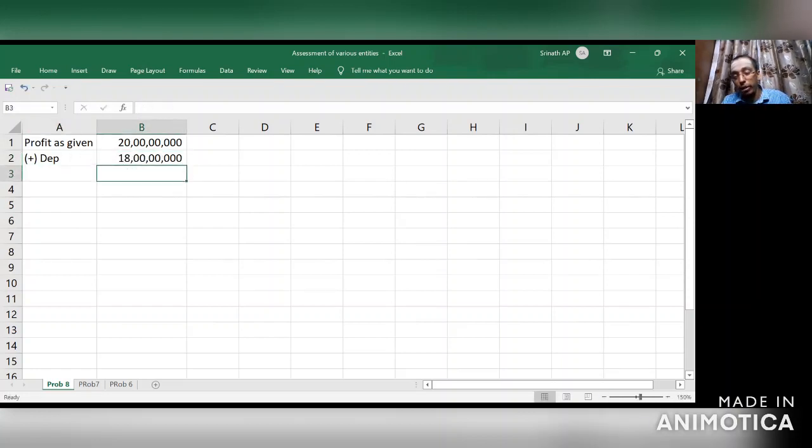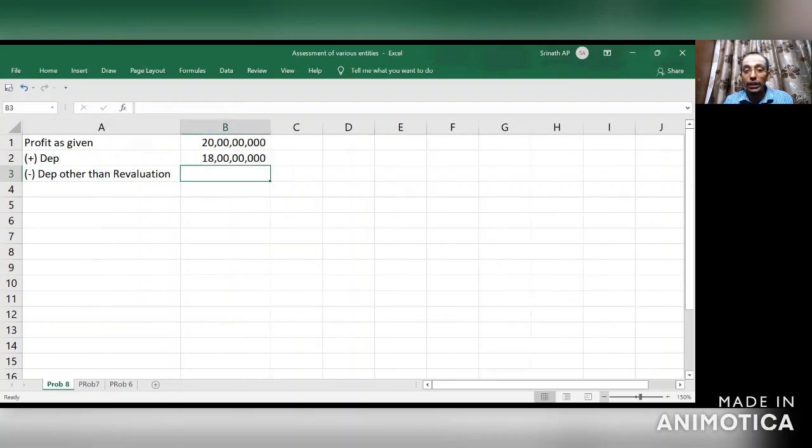Full depreciation has to be first added. This depreciation is other than revaluation, so anything relating to revaluation has to be ignored. Other depreciation you have to consider. So it is 18 crores minus 3 crores, which will be 15 crores.